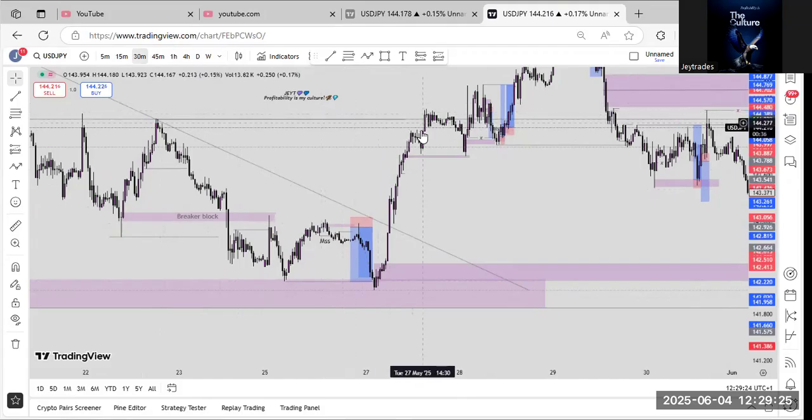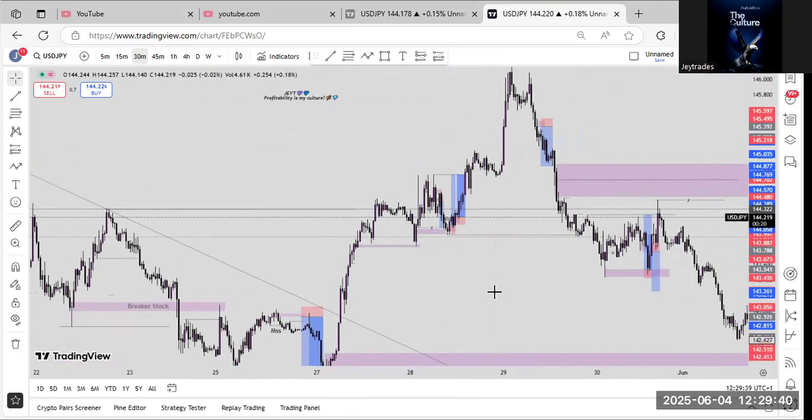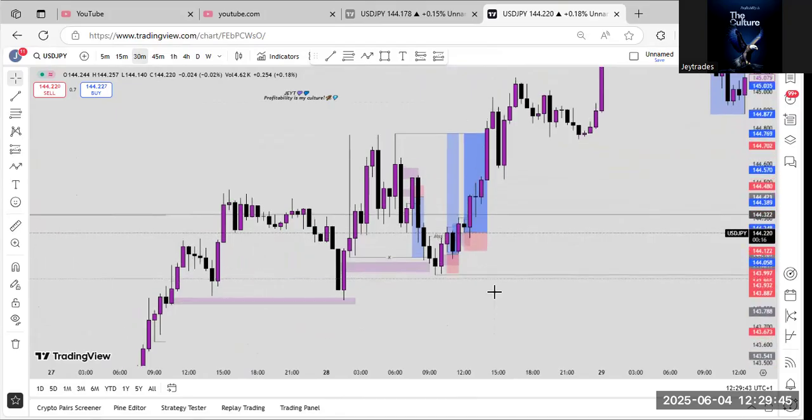It broke it, pulled back, came back to this zone, mitigated it, broke another structure, came back to this zone and mitigated. That was when I took this particular buy.